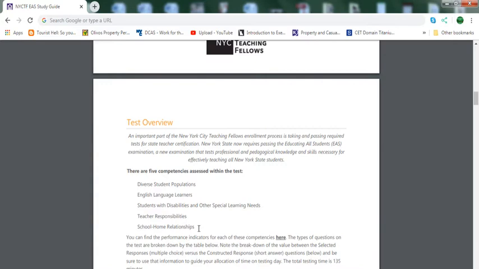Keep that in mind. If you know all these topics, it will be easy for you, because the questions are based on scenarios. How it works is, you'll get a scenario of a teacher teaching, let's say, an English language learning class, with 2 students, Maya and Jimenez, they make up the names, having difficulties in reading skills because they just came from their country.